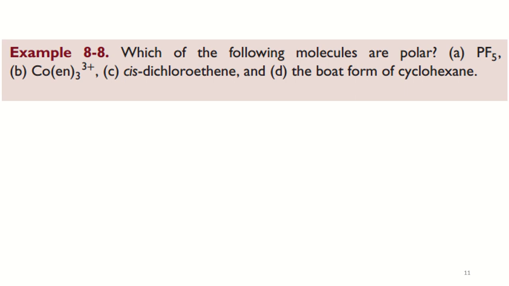For the fourth molecule, the boat form of cyclohexane, we have already discussed the chair form of cyclohexane in detail, and we also discussed the boat form in detail. So we have a quite clear picture of cyclohexane in boat form in our mind. Do you remember the different possible symmetry operations present in it? Try to remember, try to draw.